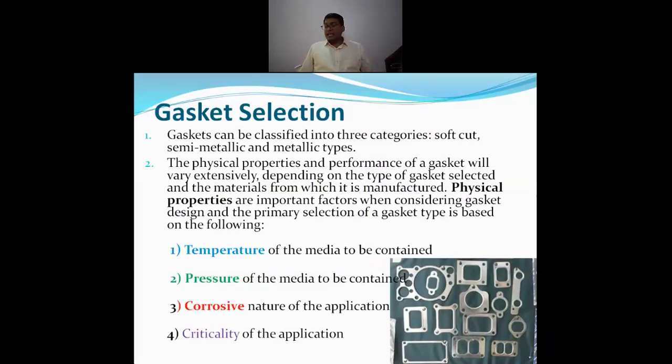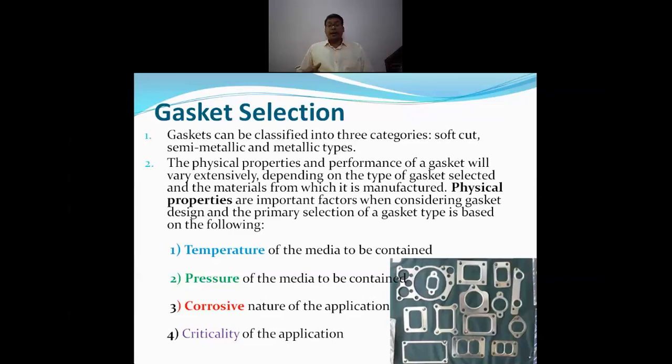Now when you think of selection of a gasket, the gaskets can be classified into soft cut, semi-metallic, and metallic types, and out of this, the physical properties of the gaskets are very important for the selection. When you think of the physical properties, that is the temperature, pressure, corrosive nature and the criticality of the application.